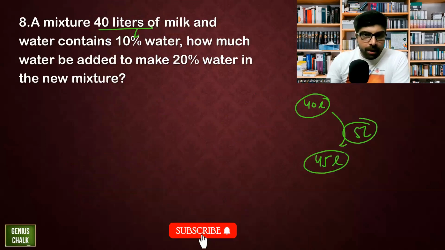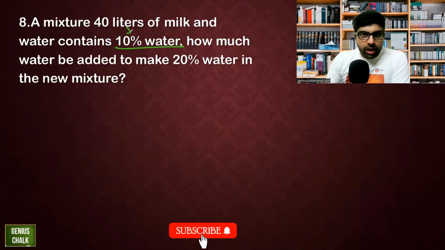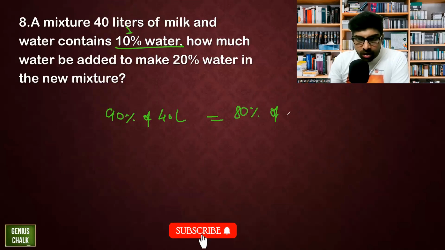I'll repeat that. 10% of water, that means 90% of milk. What is 90% of 40 liters? It has to be equal to the milk in the second one, 80% of X liters. What is 90% of 40? That is 36 liters, and that has to be equal to 80% of the total.